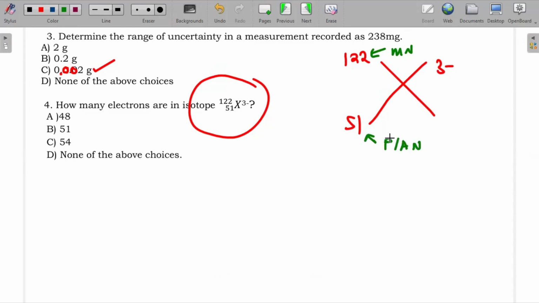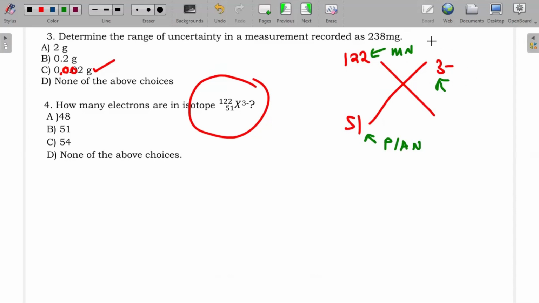Now in a neutral atom, the number of protons and electrons are going to be the same. So if this was neutral, then the number of electrons would simply be 51. But now there's a negative charge. What does the negative charge mean? Remember that the electrons are negative.